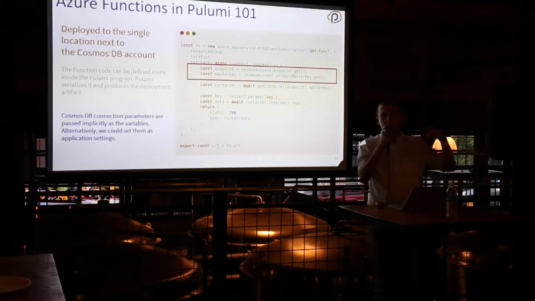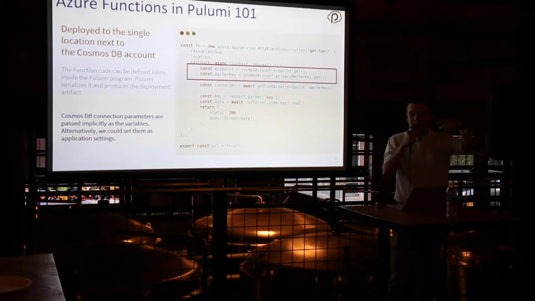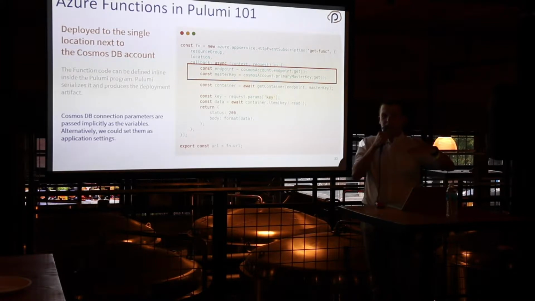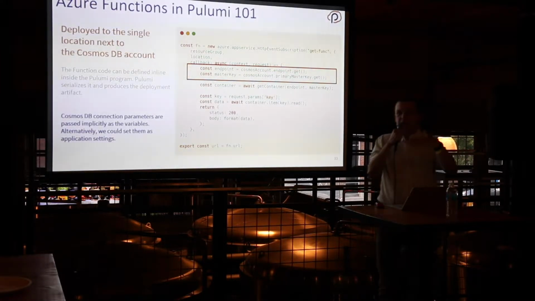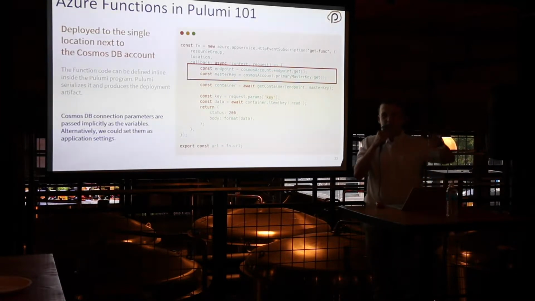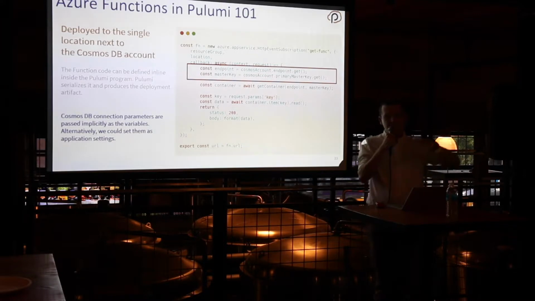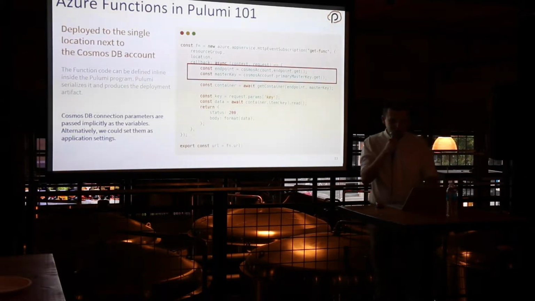And Pulumi will be smart enough to start deploying with Cosmos and getting the keys from that Cosmos account, passing it into my callback function, package it as a zip file, putting it somewhere in storage, and then loading the function up to use that zip file. All done for me, I just write the function.